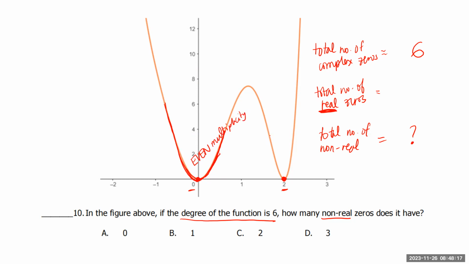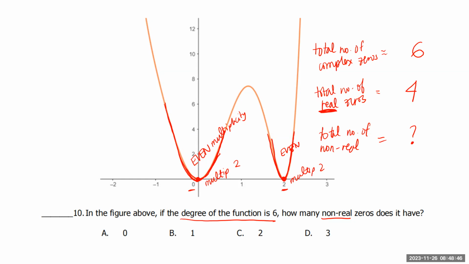And similarly, ganun din yung observation natin for x equals 2. Even din yung multiplicity. So let's assume that that even multiplicity is 2. If this is multiplicity 2, and this is also multiplicity 2, 2 plus 2 is equal to 4.